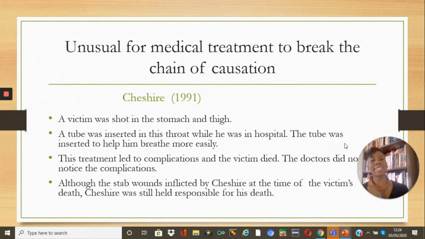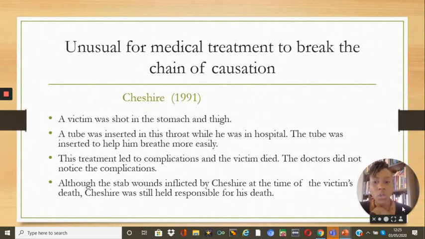In Cheshire, 1991, a victim was shot in the stomach and thigh. A tube was inserted in his throat while he was in hospital to help him breathe more easily. But the treatment led to complications and the victim died.